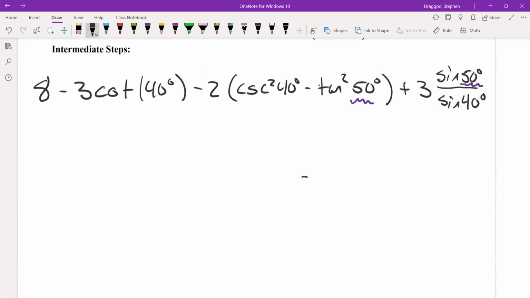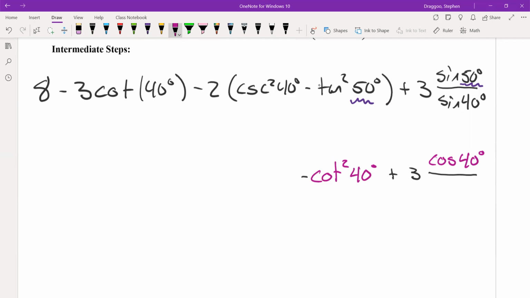So if I just rewrite those two pieces, tangent squared of 50 degrees will go to cotangent squared of 40 degrees. Plus 3 times the fraction. That's sine of 50 degrees. Through a cofunction identity, I'm going to set that to cosine of 40 degrees.